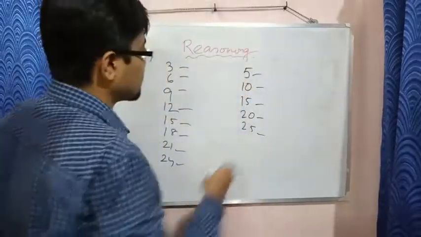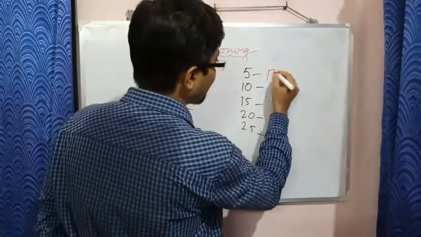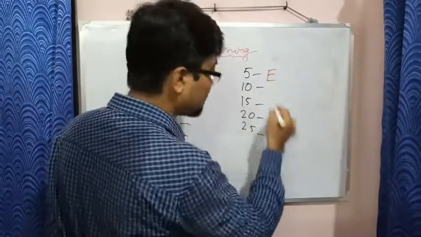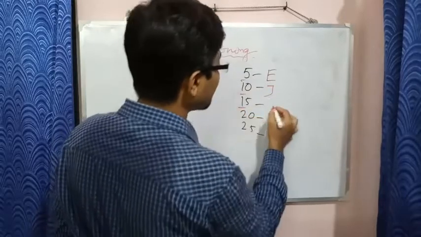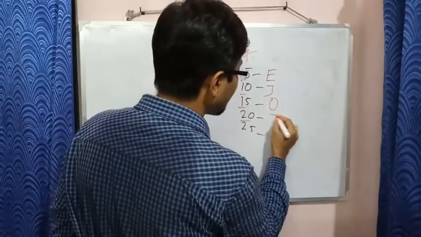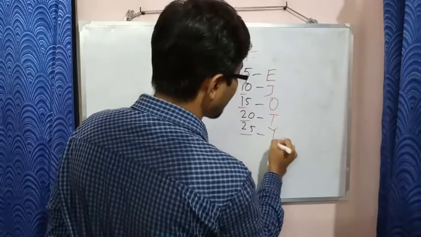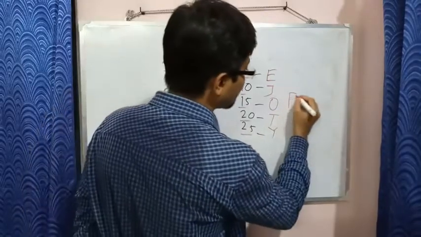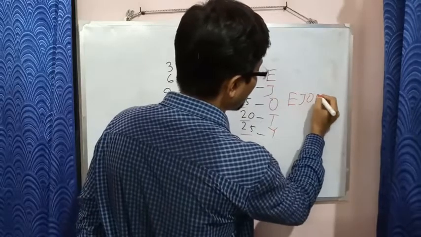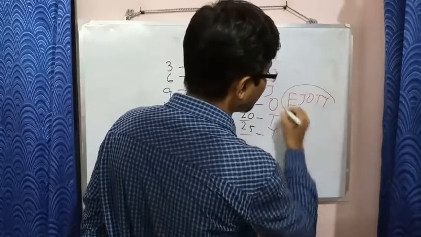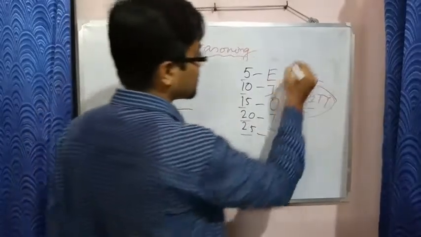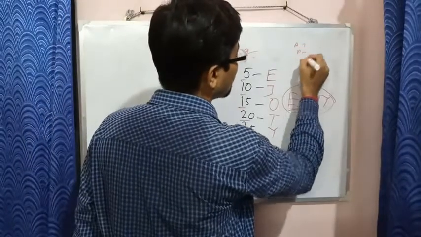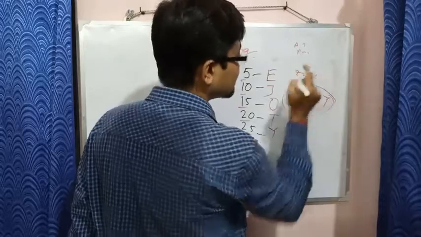You know that 5 means E, similarly 10 means J, 15 means O, 20 means T and 25 means Y. So just remember EJOTY. If you remember this word in an examination hall, you will not write A for 1, B for 2 up to Z for 26. This is the trick.